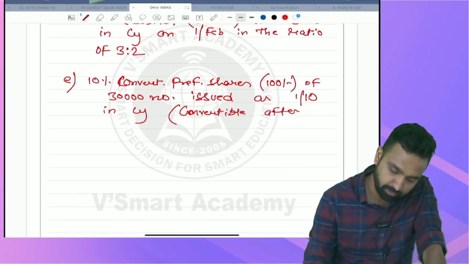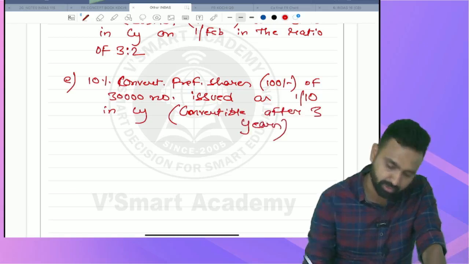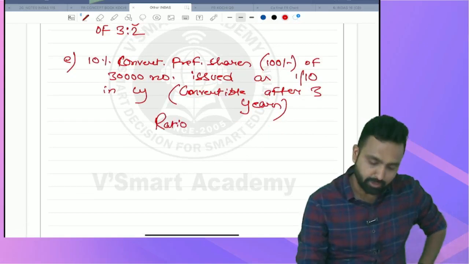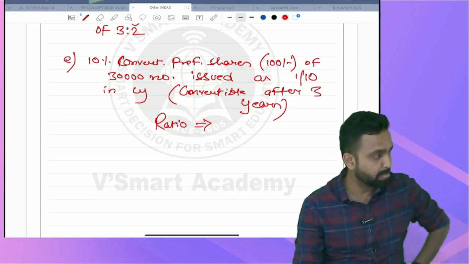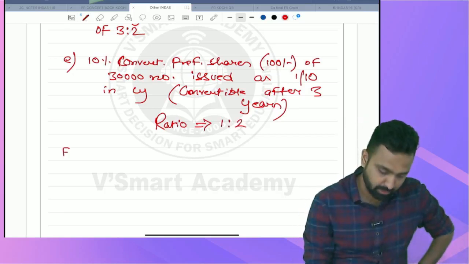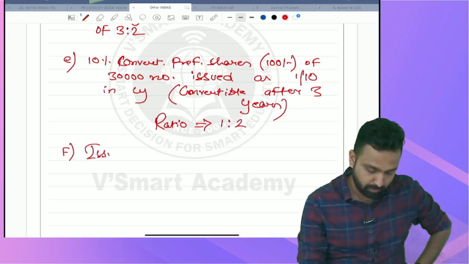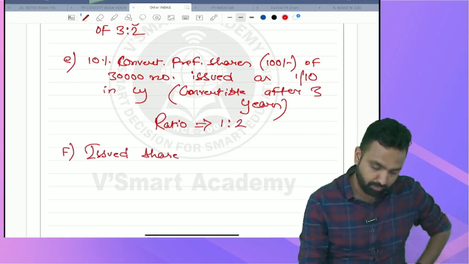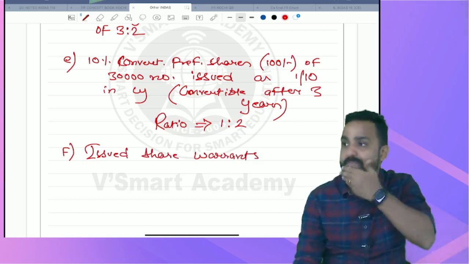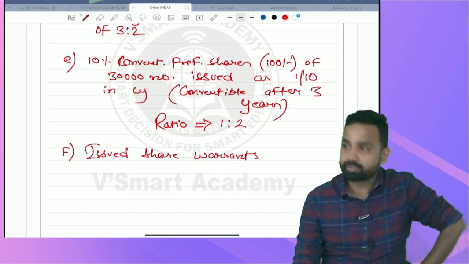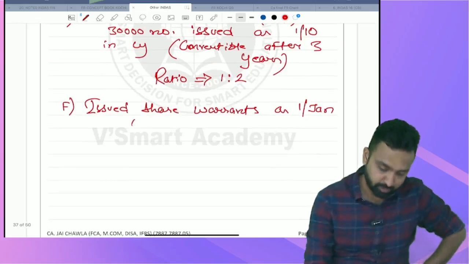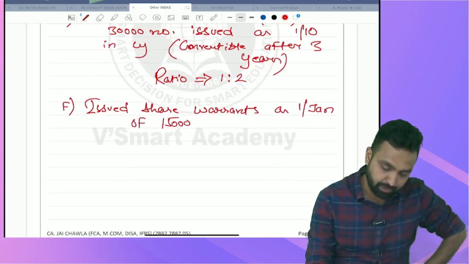Convertible after 3 years, ratio 1:2. Issued share warrants on 1st January of 15,000 numbers.